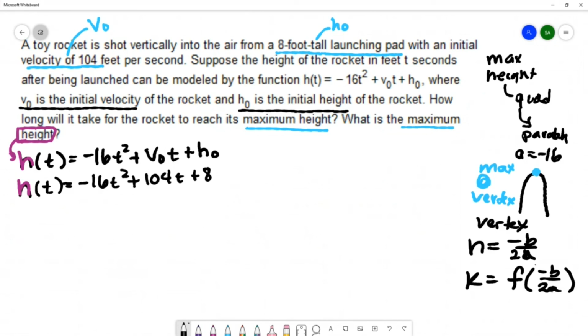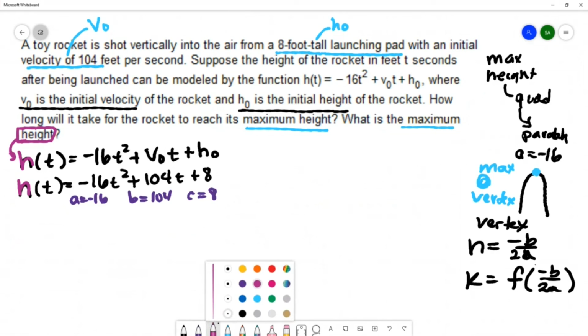So in this example, a is equal to negative 16, b is 104, and c is equal to 8. And I just want to mention this over here because it can be kind of confusing that this h represents the x-coordinate of the vertex and not the height of the function.